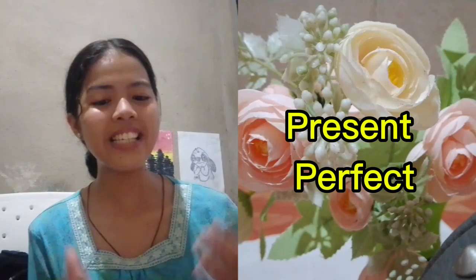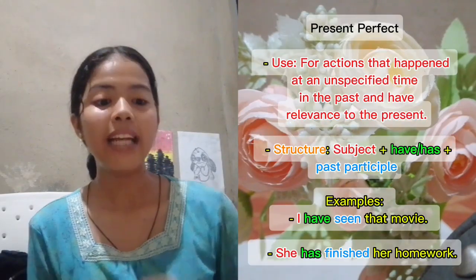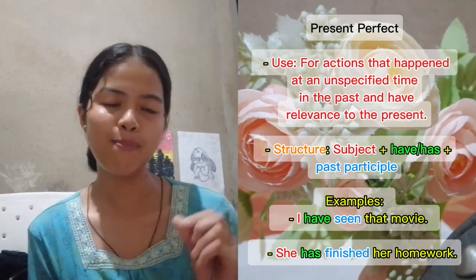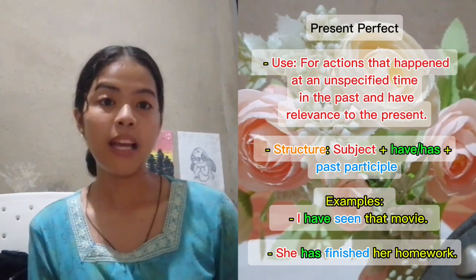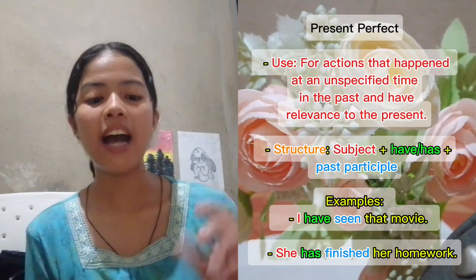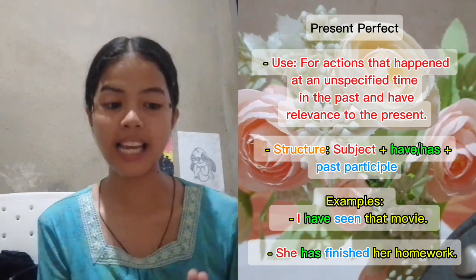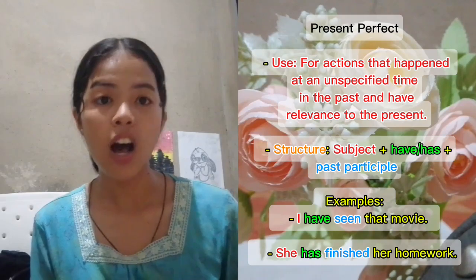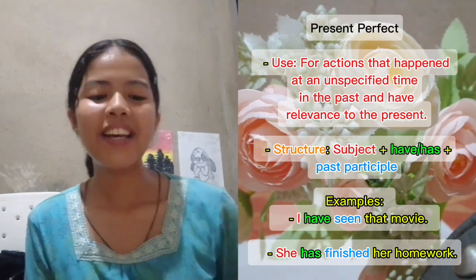And the next one is the present perfect. So in this, present perfect is used for actions that happened at an unspecified time in the past and have relevance to the present. It is more likely focused on the experience. Okay?